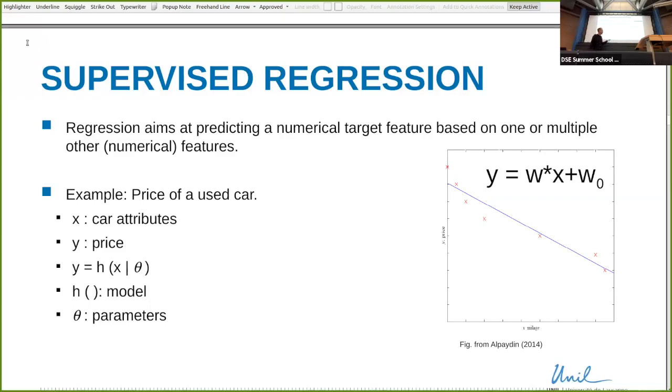What is a line? It has two coefficients, say w and w naught, the offset and the slope. You have the data. What do you need to do? You write down a model, say a linear model. You have some parameters and you need to determine them. We'll get to that later, but this is supervised machine learning, prediction of a continuous value.